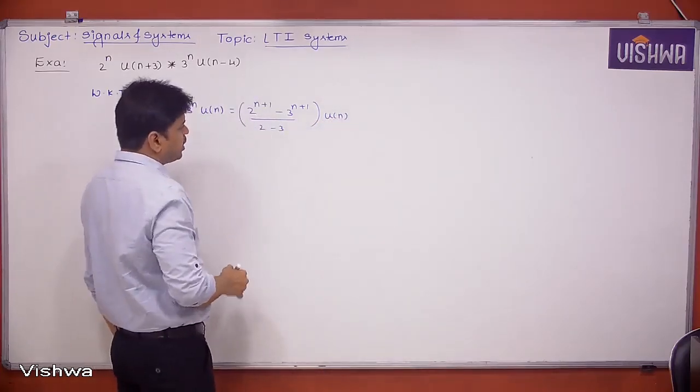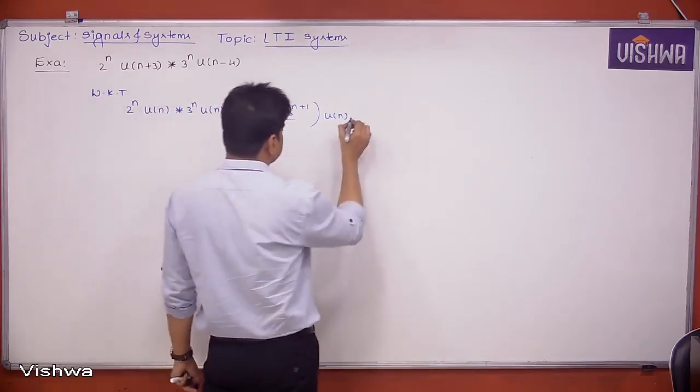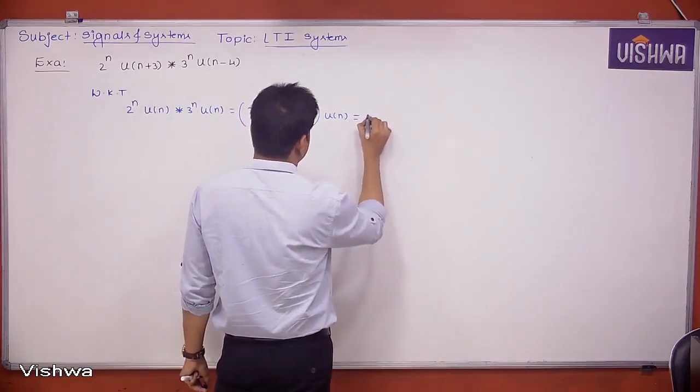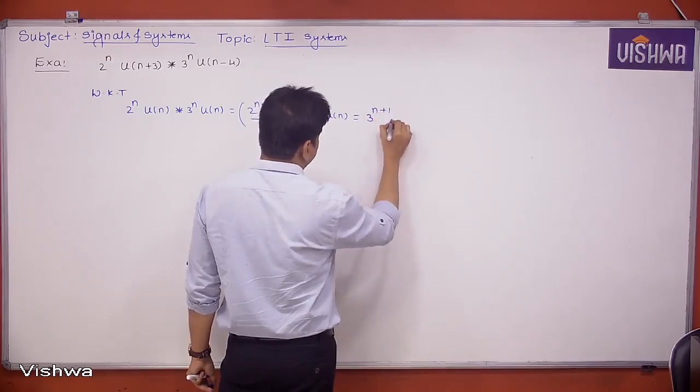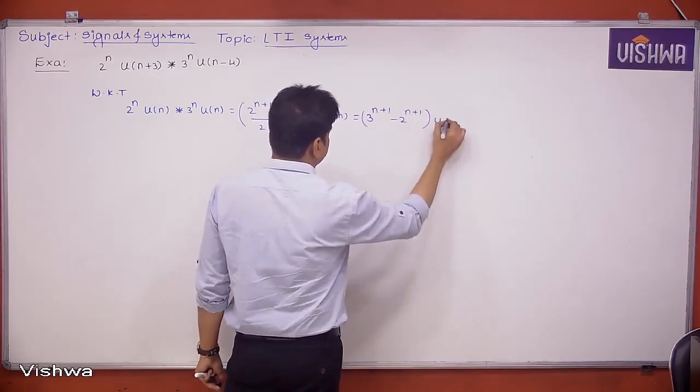So I can replace this 2 minus 3, which is nothing but minus 1. So I can rewrite this as 3 power n plus 1 minus 2 power n plus 1, into u of n.